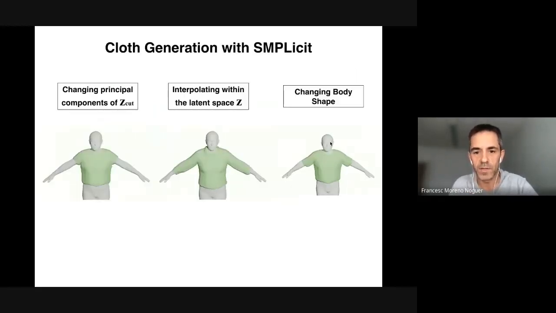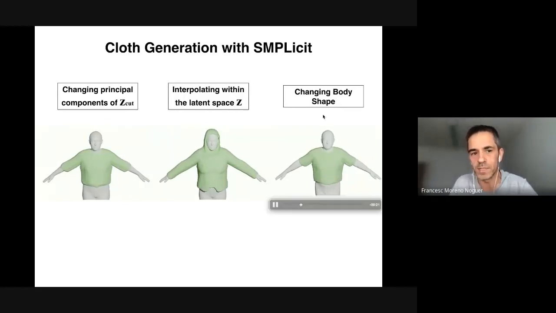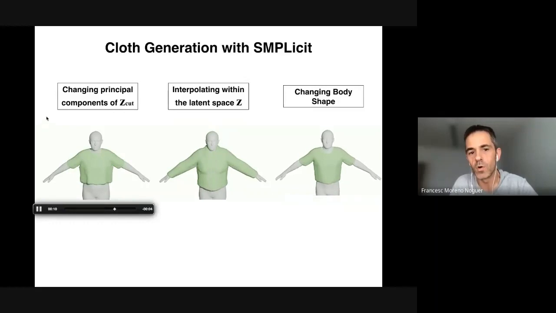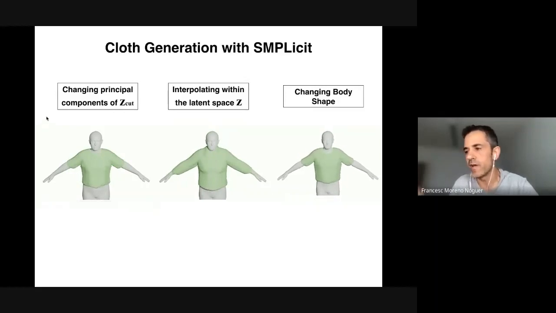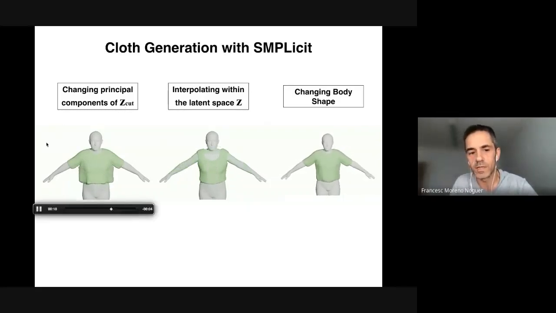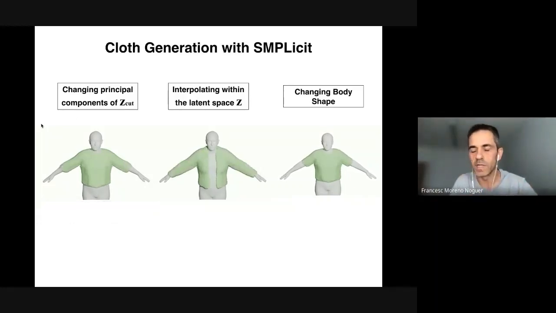And here are some of the generation capabilities of SimpliCity. In the video on the left, for instance, we see the effect of changing the principal components of the latent variable called z-cut, right? You see that by changing these principal components, we achieve longer or shorter sleeves, also stretched clothes, etc. If we interpolate within the whole latent space, we transition between different topologies.